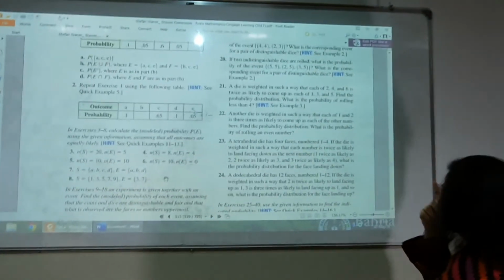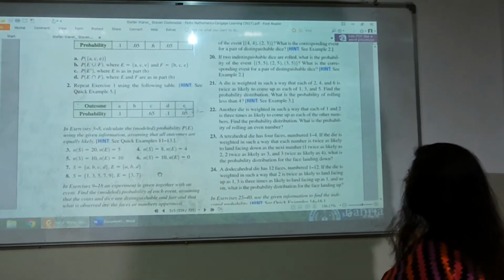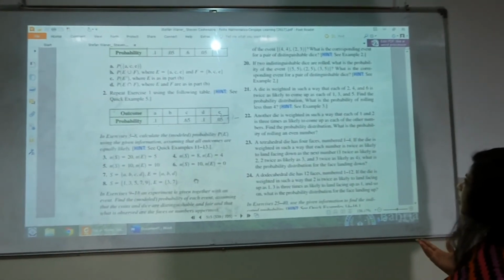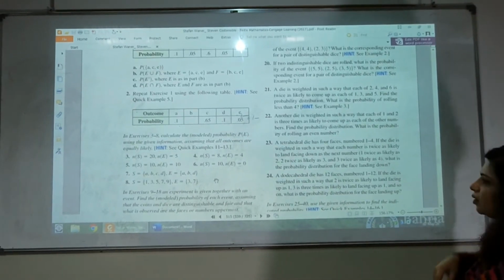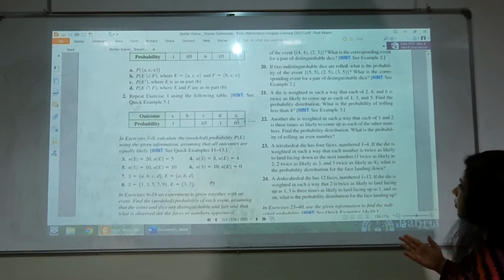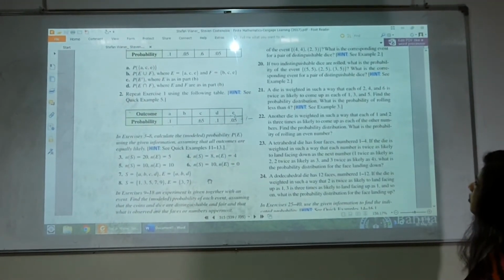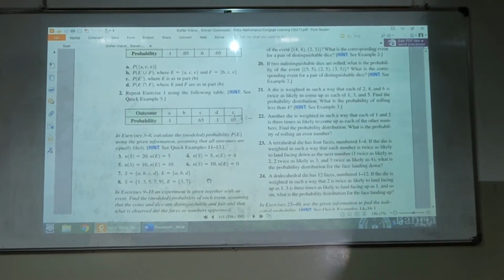So it's x for each probability, but then for 2, 4, and 6 it is 2x basically. So you can see that this probability has twice the chance, so it's going to be multiplied by 2 for every x of 1, 3, and 5. So find the probability distribution. So rolling less, this is just a die of rolling less than 4.